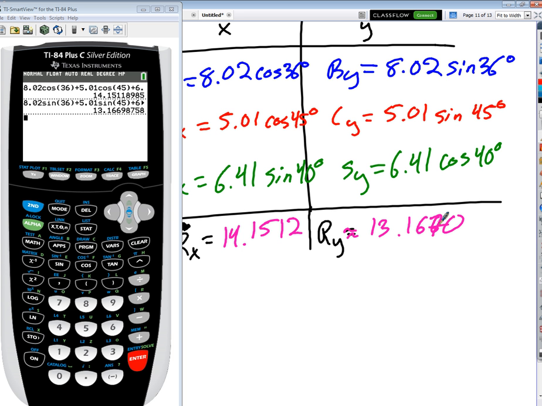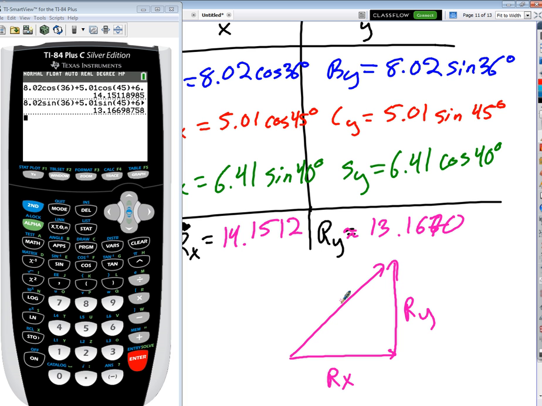Because really what we're doing here is we've got the sum of all the x components is r sub x, the sum of all the y components is r sub y, and we're just gonna use that to find what the actual resultant is, okay? So we gotta use Pythagorean theorem. This squared plus this squared equals that squared, right?